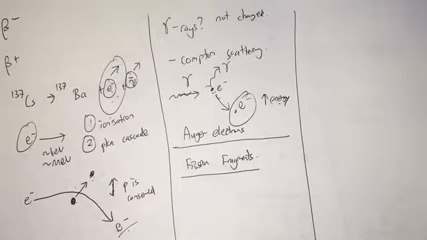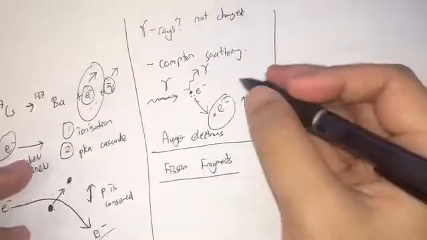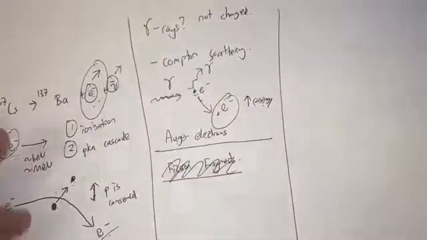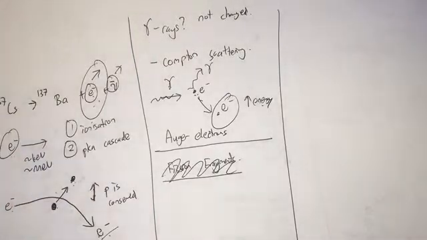Actually, no, that's not an Auger. Okay, the Auger effect is a bit more complicated. Sorry, I made a mistake there. Anyway, the inner shell vacancy of the atom is accompanied by emission of an electron by the same atom.